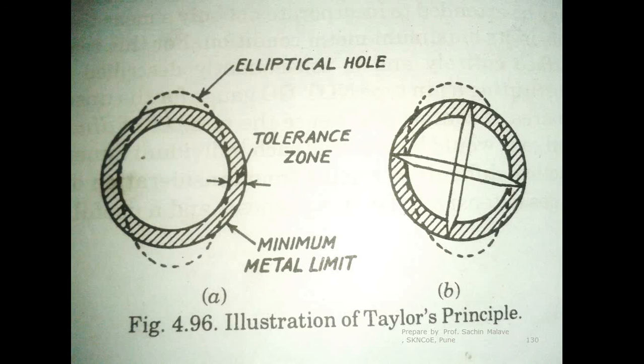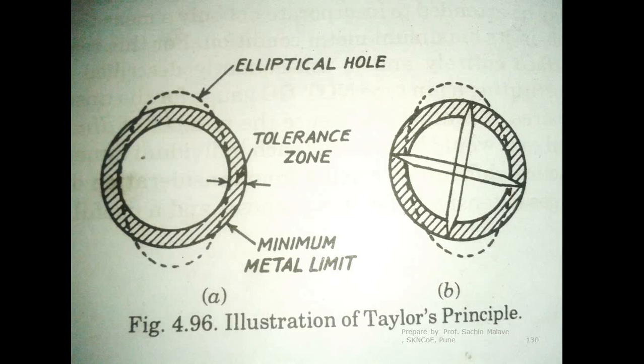But if you make the no go end like 2 points, then what will happen? See here, if you put the no go gauge here, it is not going to pass. But if you rotate this no go end and measure the dimension in this position, what is going to happen? In this case, you can see the size of the no go end is less than the size of the hole, isn't it?